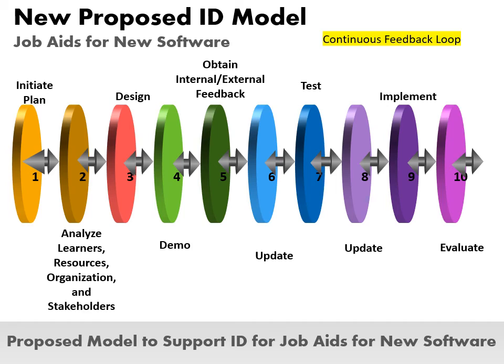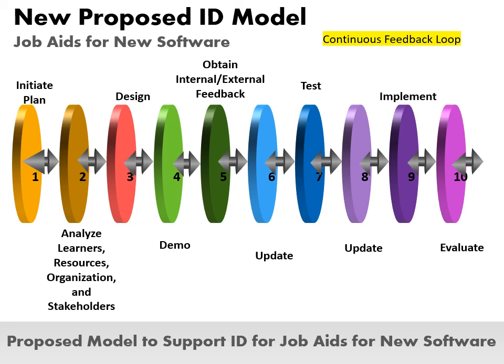So the goal will be to analyze the learners that will be receiving this training, and to begin using the DoD job aid for the project, and then to be able to modify and demo and get feedback and have a continuous feedback loop. Basically, the language that's currently used in the new organization is very different than the software that's being deployed. So part of that will be a requirement to have that crosswalk.